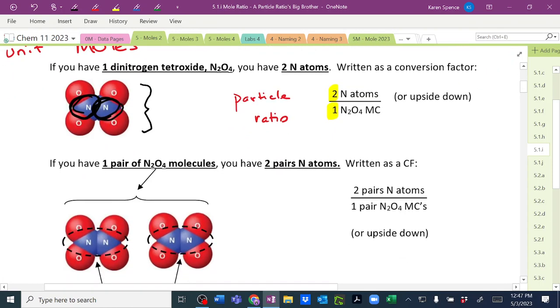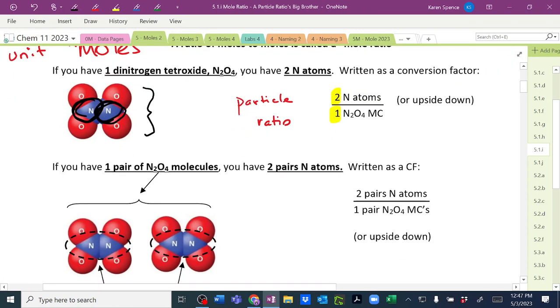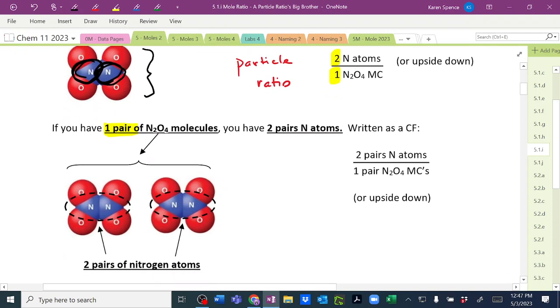Now, what if I were to scale this up a little bit? And what if I gave you 1 pair of N2O4 molecules? In other words, 2 N2O4 molecules. How many pairs of nitrogen atoms do I have? Well, we've got 1 pair of nitrogen atoms in the first molecule, another pair of nitrogen atoms in the second molecule.